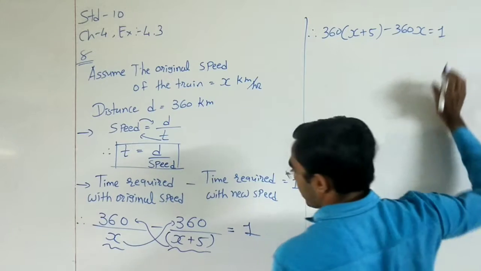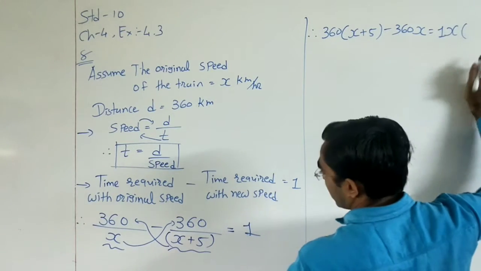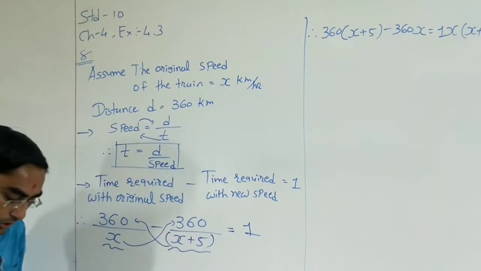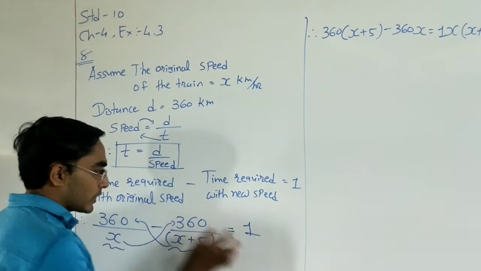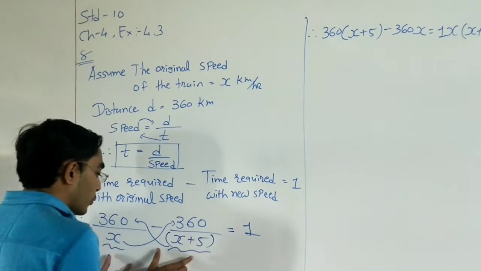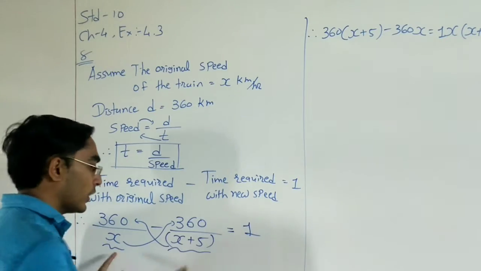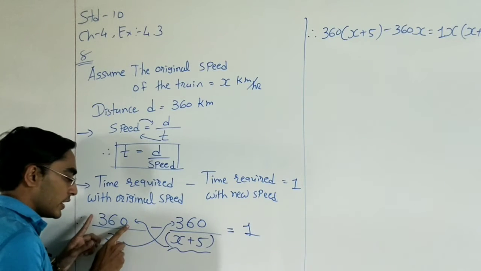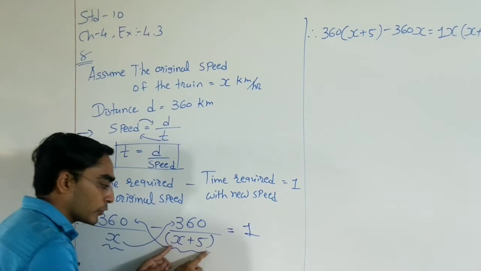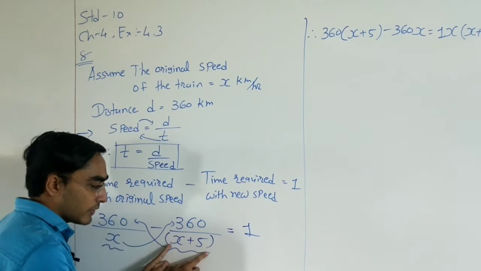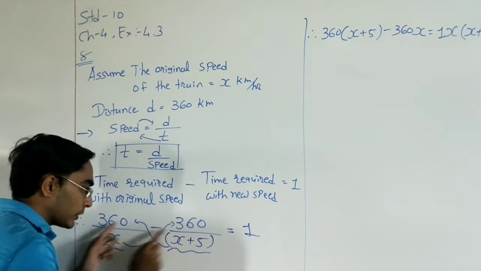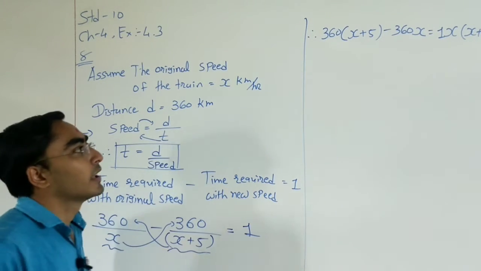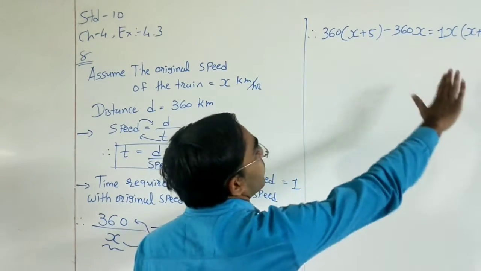So 1 multiplied by x multiplied by x plus 5, and for the multiplication we use a bracket. In the denominator of 1 nothing is there, so both these things we need to transfer. In the first term we have denominator x, so we transfer this term here. In the second term we have denominator x plus 5, so we transfer this here. Okay, now we can solve this.